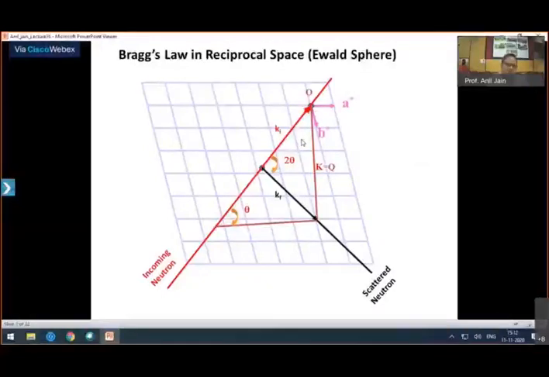To do this job, what one needs is a 4-circle goniometer. In this 4-circle goniometer, there are 4 axes. You have one axis which rotates your sample, which is called omega or theta. You have another axis which changes the angle between the incident beam and the reflected beam, which is called 2 theta.